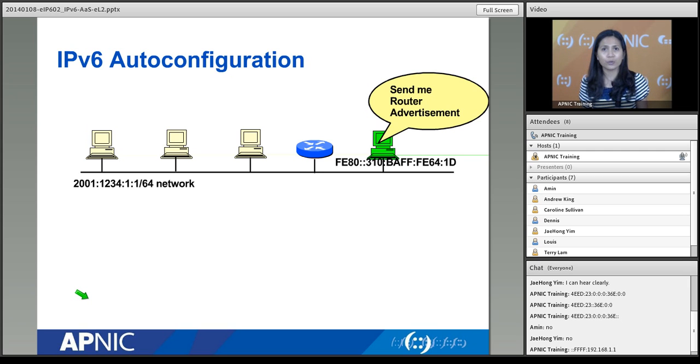If you have a router such as this one, it may be advertising your network prefix. Notice here it says that our network is using 2001:1234:1:1/64. That's our network. So if this router is announcing advertisements, it should be using that prefix.